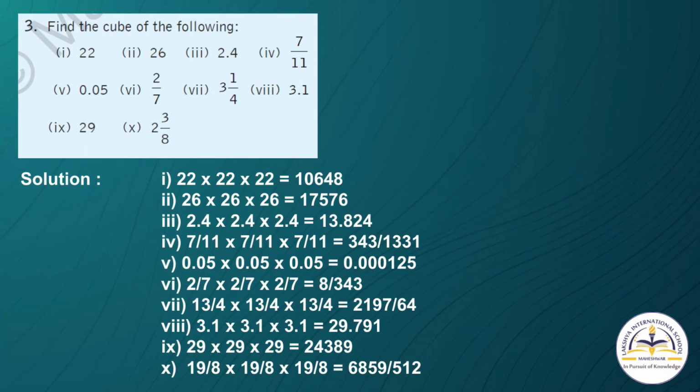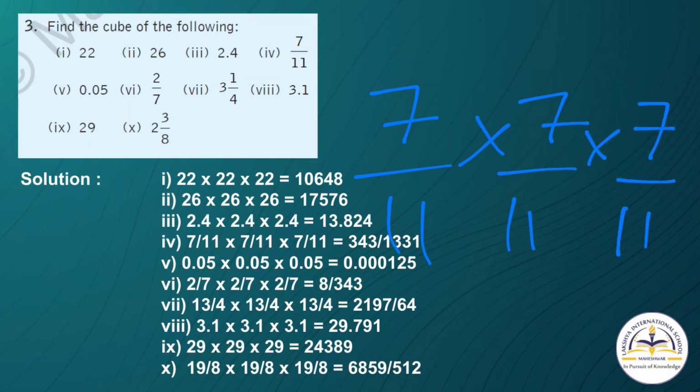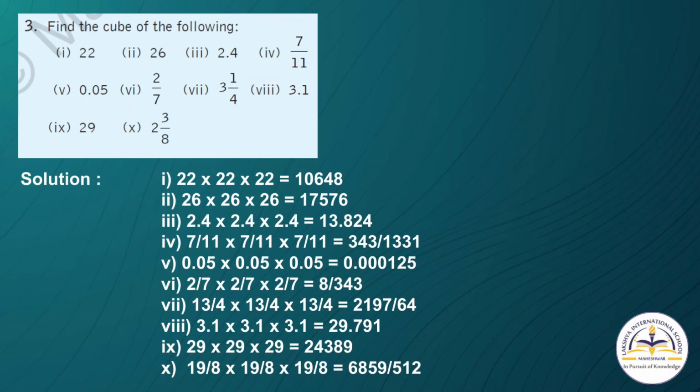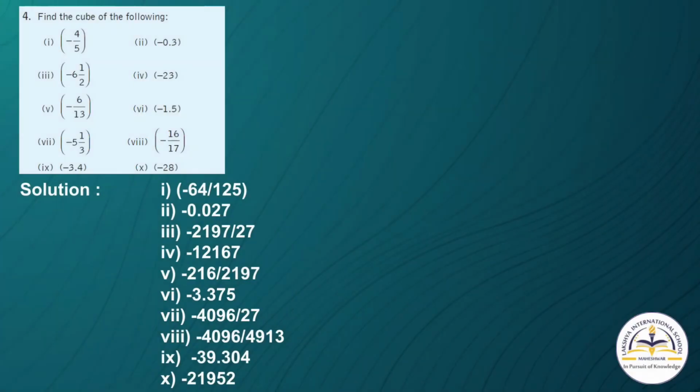In the same manner solve the next question: 7 by 11, multiply 7 by 11, multiply 7 by 11. Solve 7 into 7, you get 49, and 49 into 7 you get 343. 11 into 11 is 121, and then 121 into 11 you will get 1331. Like this you have to solve these questions.